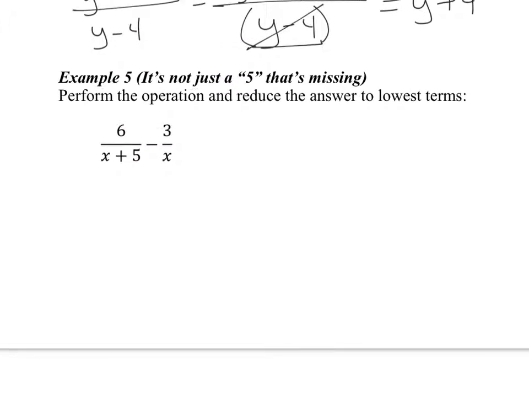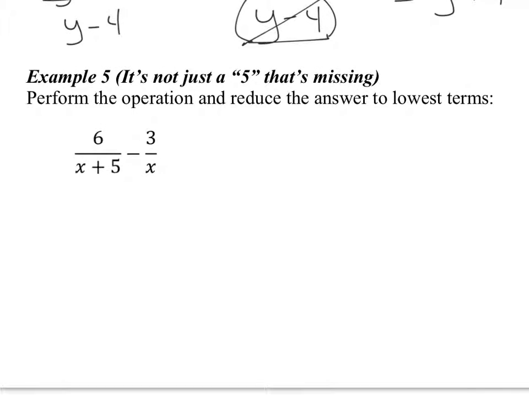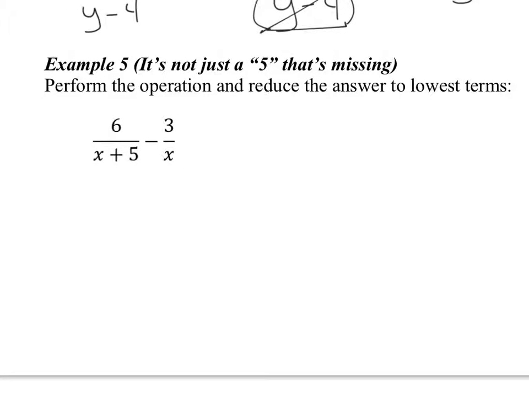And finally, we have the awesomeness one of all awesome town. So first of all, this is a subtraction problem. So I'm going to make that 3 negative because otherwise I will forget. Now, these guys, we have to get them the same. The problem here is this is x plus 5, and this is x. What are their common factors?